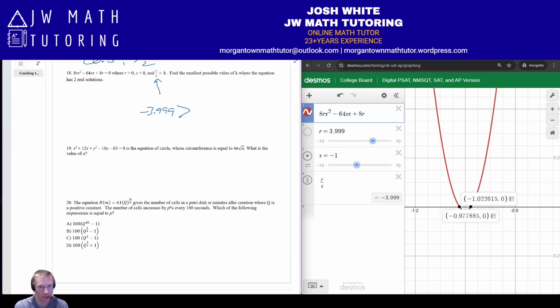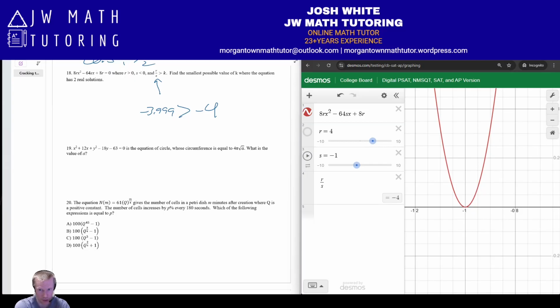which just confirms that my smallest possible value for K, which is the floor, is going to be negative 4. I mean, basically, negative 4 is the answer for K because there's one real solution, okay? Meaning that if you make the number any larger than negative 4, then there's going to be two real solutions.